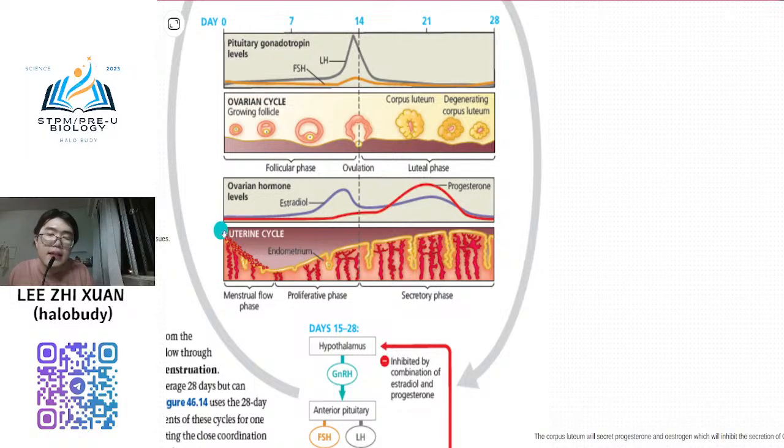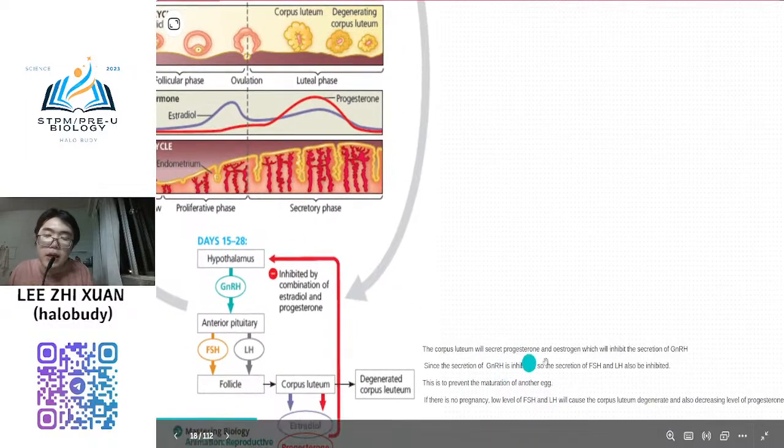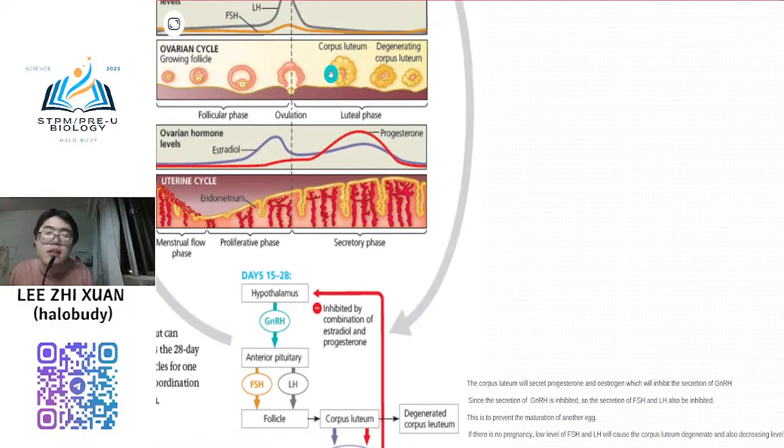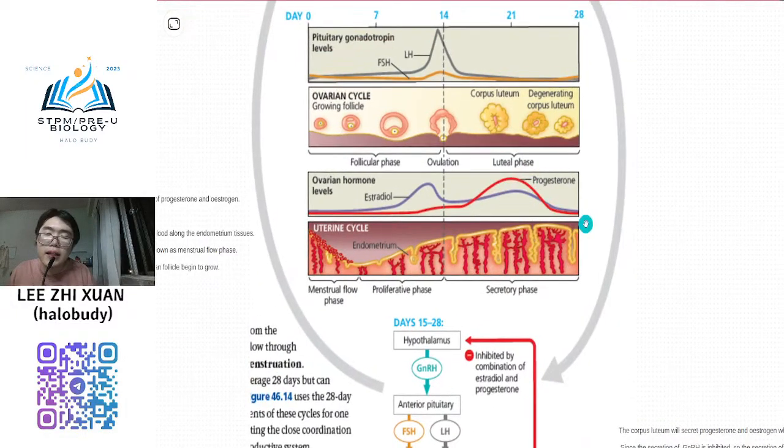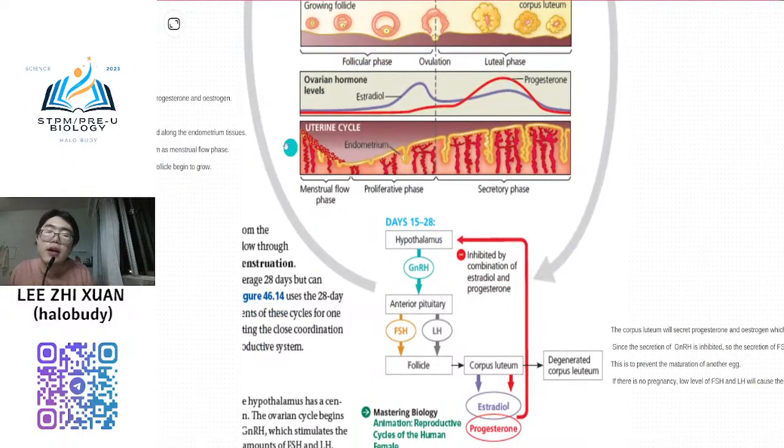So you will see like this. So it will enter another cycle again, because the corpus luteum plays the major role in secretion of progesterone and estrogen, right? So now the corpus luteum has disappeared. So progesterone and estrogen cannot maintain the high level. So the level will decrease, and then increase, and then decrease, resulting in the menstruation process, which is a breakdown of the endometrium wall.